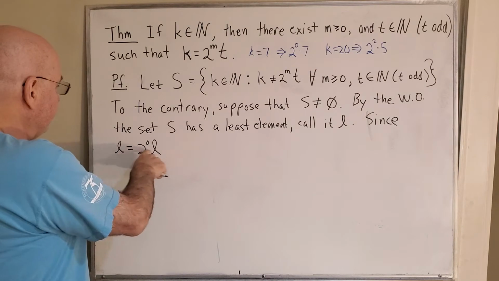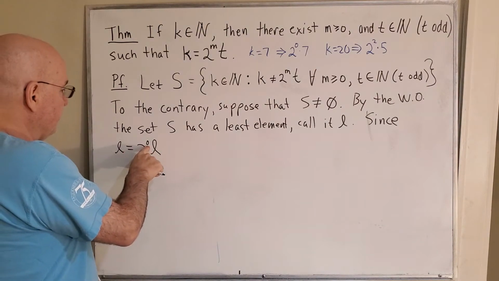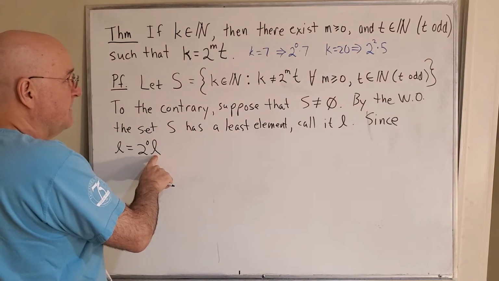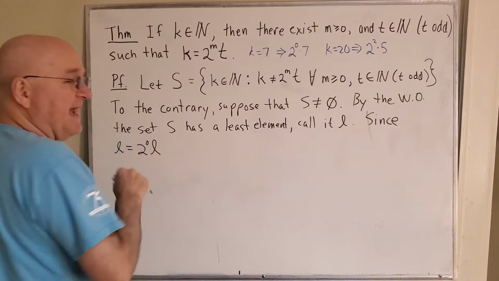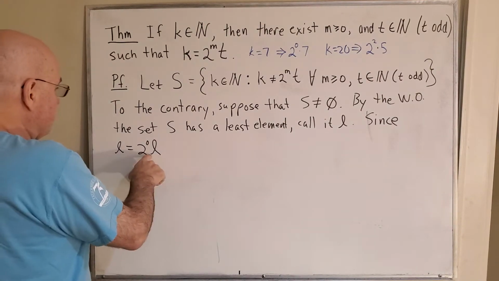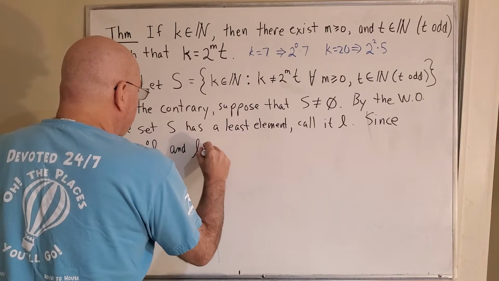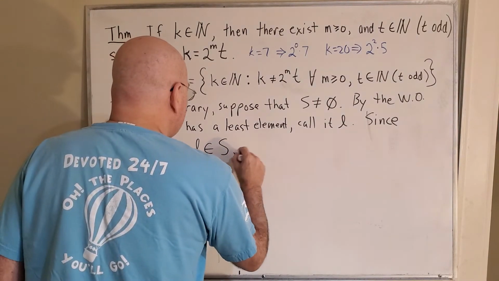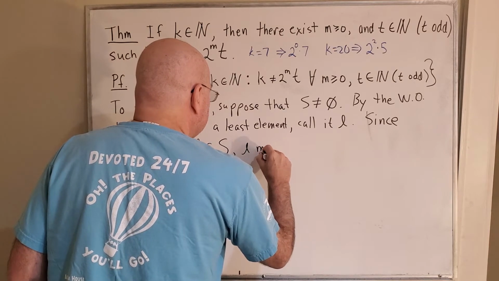So what can we conclude from this? Here's 2 to a non-negative integer times, and this L corresponds to t. So that means that L has to be an even number. Since L is equal to that, and L is an element of S, just to emphasize this, L must be even.